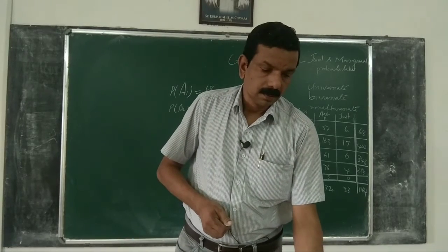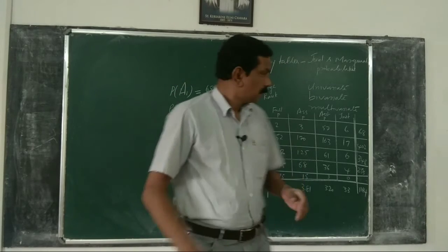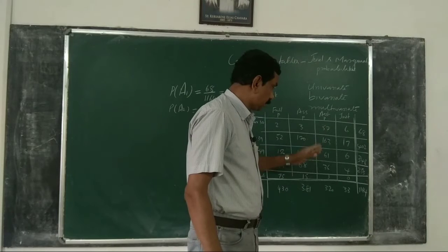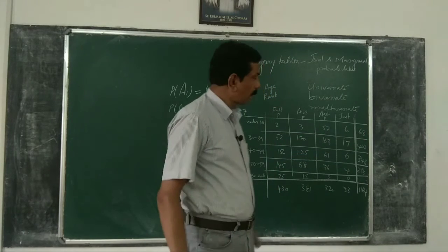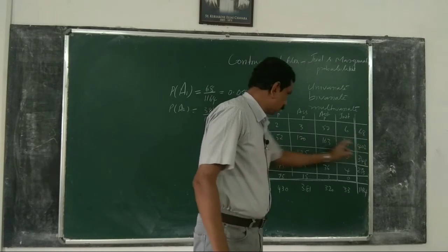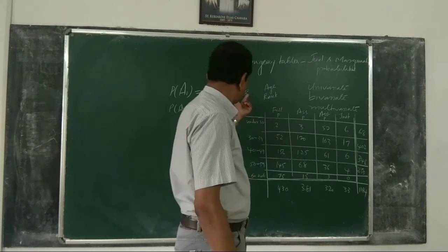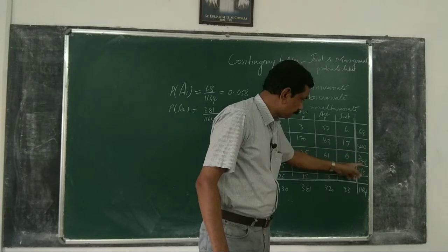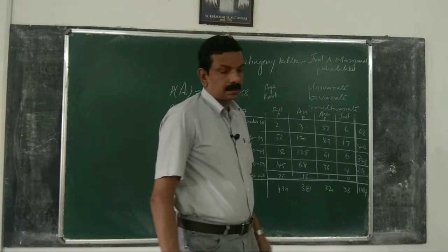Now, these probabilities, a total of probabilities, these are not joint probabilities, remember this: under 30, between 30 and 39, etc. So 0.058, 0.327, etc. A total of 8 probabilities.